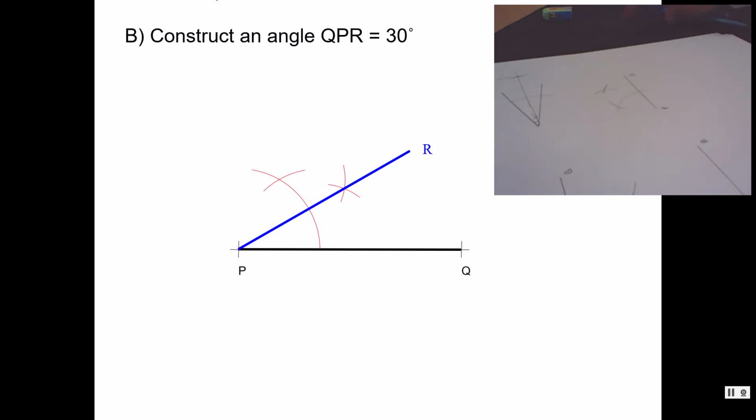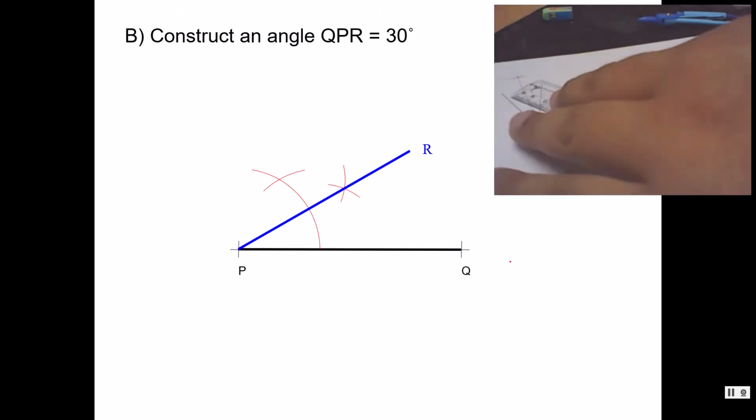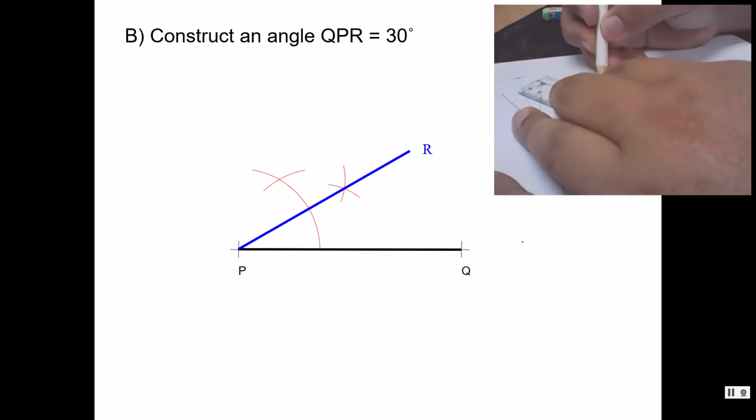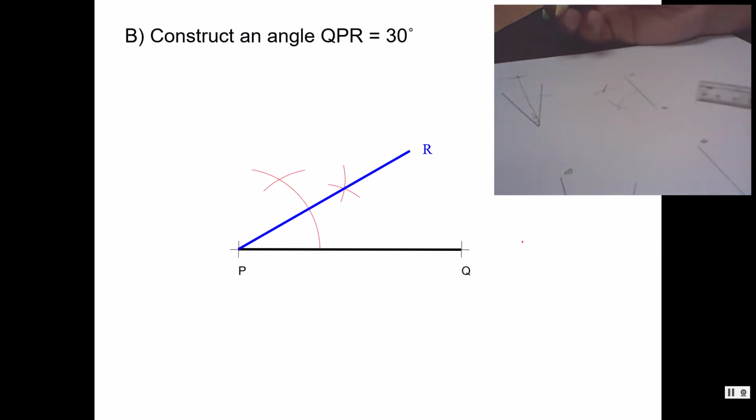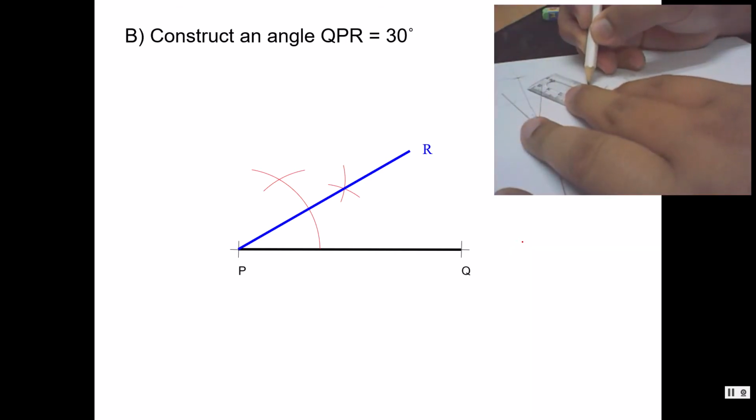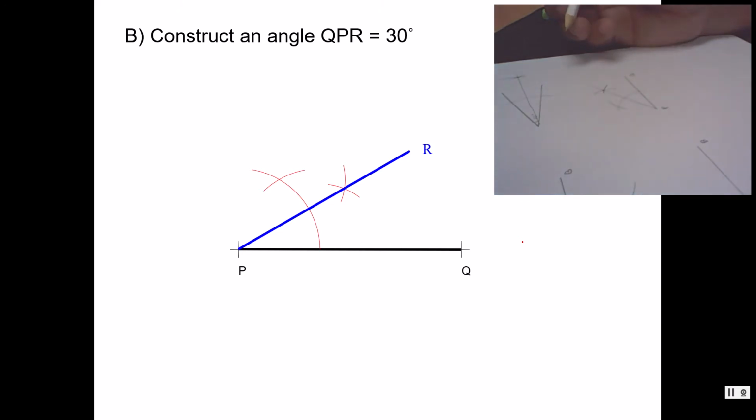So you are going to get the 60 degree point, and then draw the line. So this is 60 degree. Sorry, this is 30 degree.